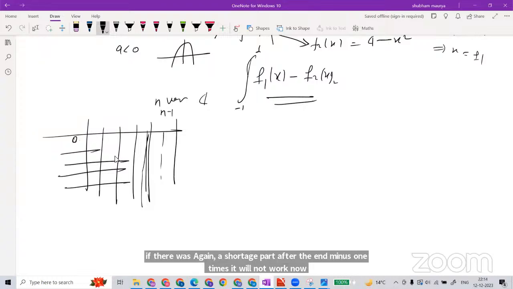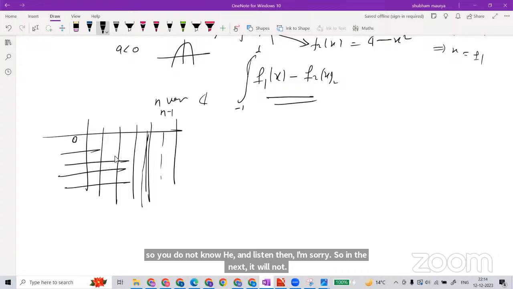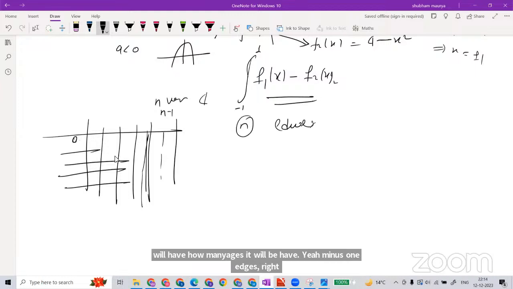Yes. So after n minus 1 iterations, it will not be lesser in the next iteration. The reason is, if you have n vertices, how many edges will it have? N minus 1 edges, right? So all the edges are already completed.